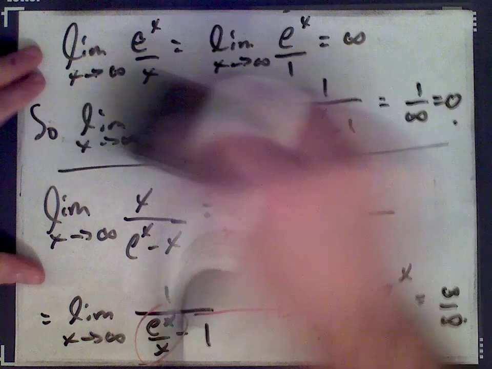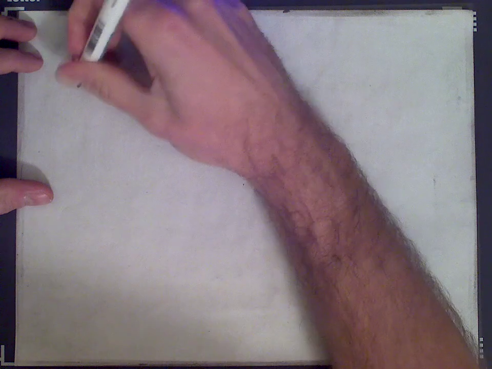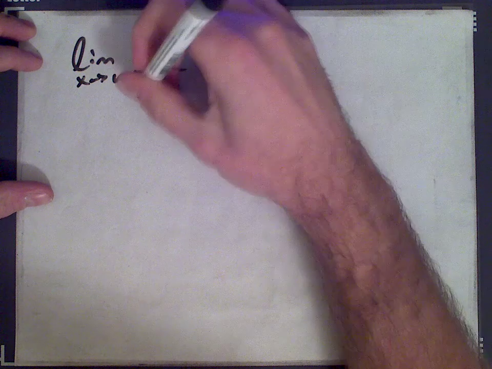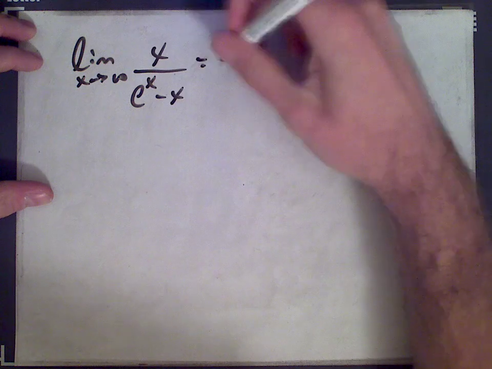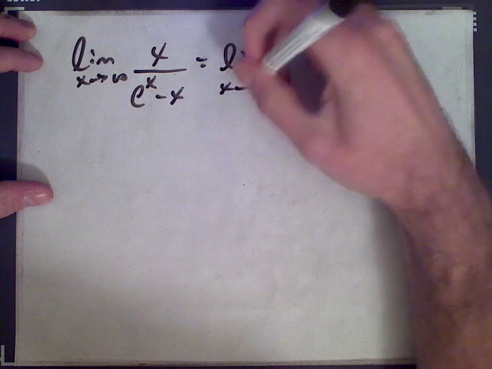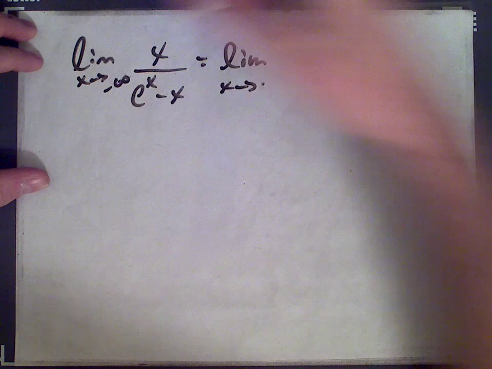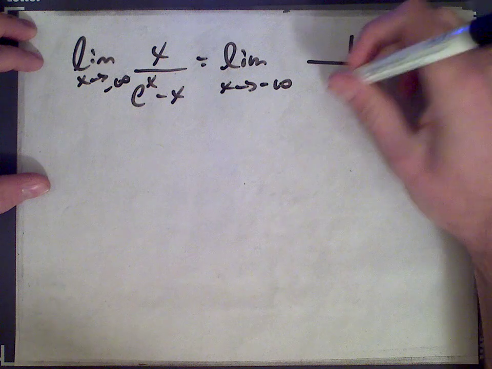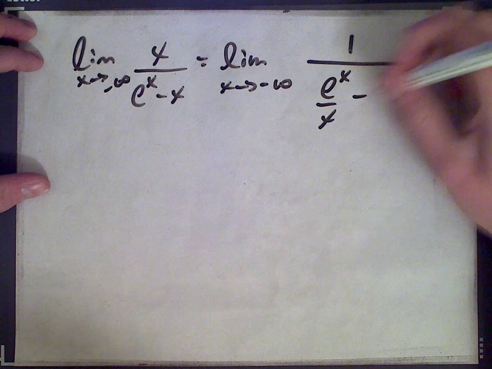Okay, so we'll rewrite things in the same way to take x as x goes to minus infinity. We have x over e to the x minus x. We just took plus infinity, let's take minus infinity. So this is 1 over e to the x over x minus 1.